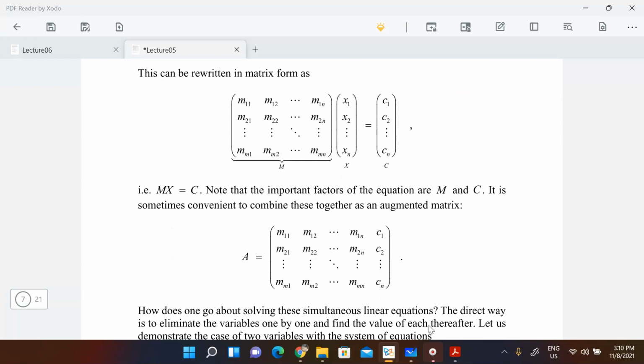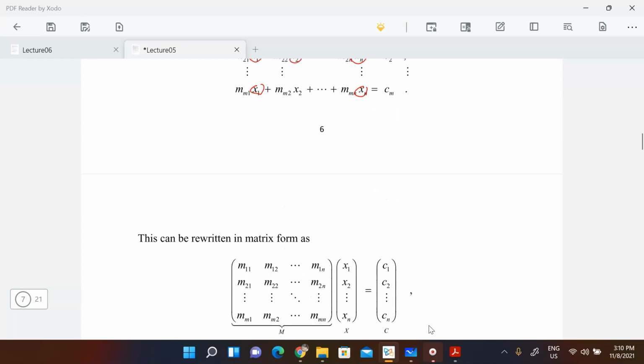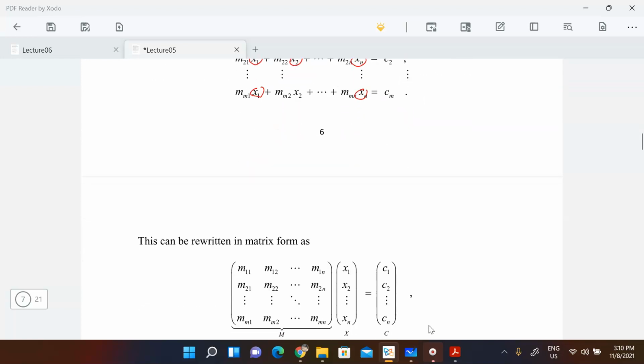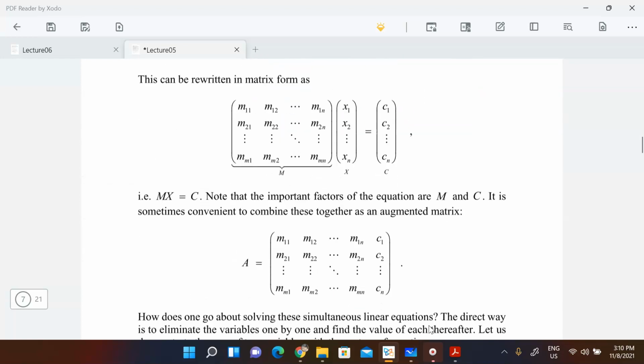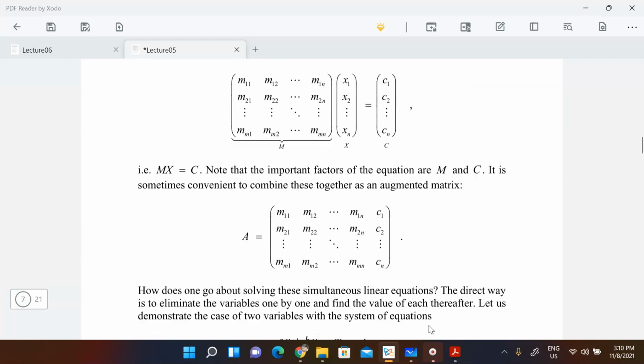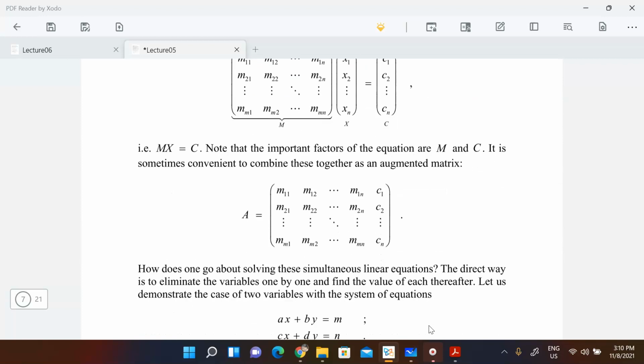In other words, solving simultaneous linear equations like this amounts to solving a matrix equation like this. If you are able to use the structure of matrices, then I can write this as matrix M times matrix X equals matrix C.